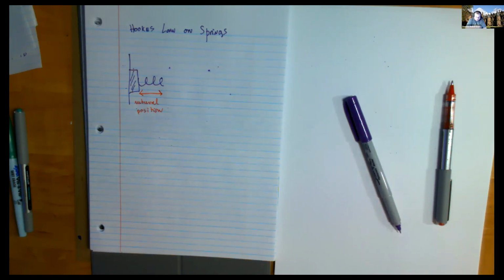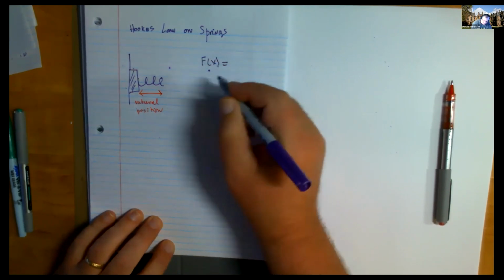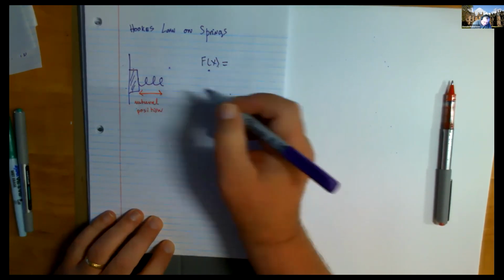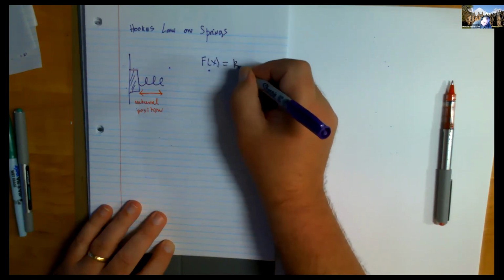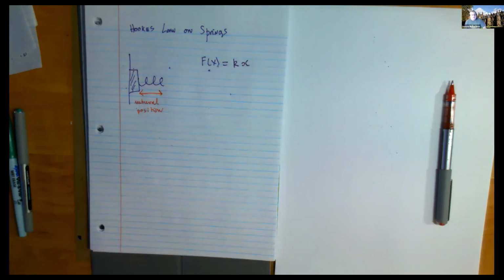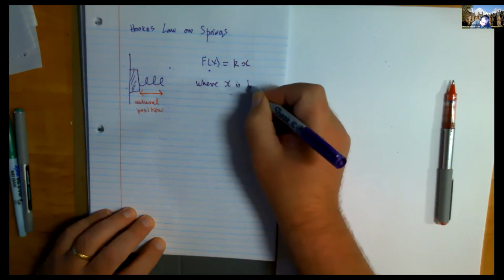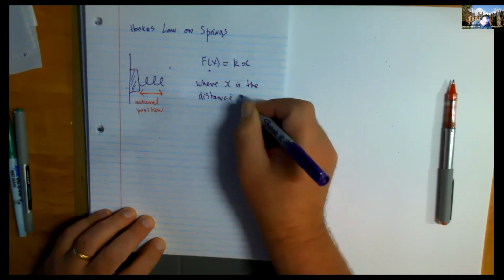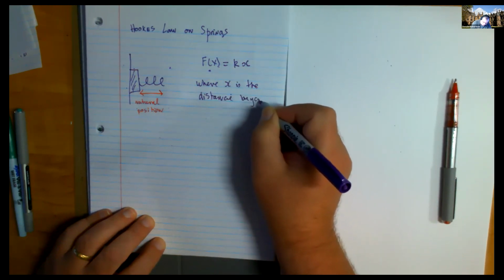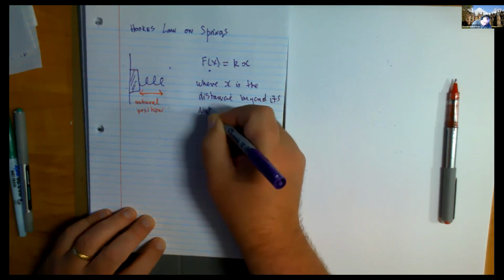The force function, according to Hooke, the force required to move a spring beyond its natural position, called f of x, is a simple formula. It's k times x, where x is the distance beyond its natural position.